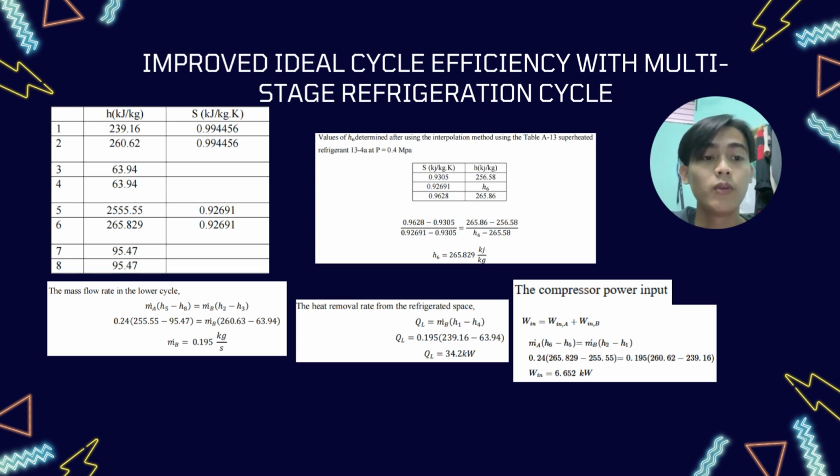Next, we will find the value of QL by using the formula m dot B times H1 minus H4, and we will get QL equal to 34.2 kilowatt. And last but not least, we will find the value of W in, where we will use the formula W in A plus W in B, and we found the value of W in, which is equal to 6.652 kilowatt.